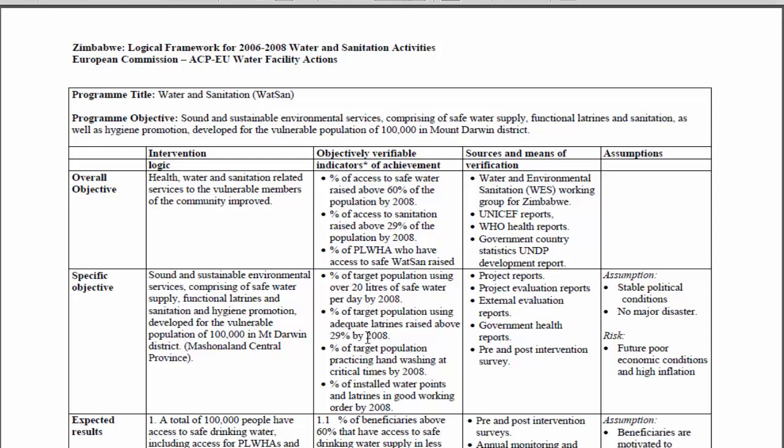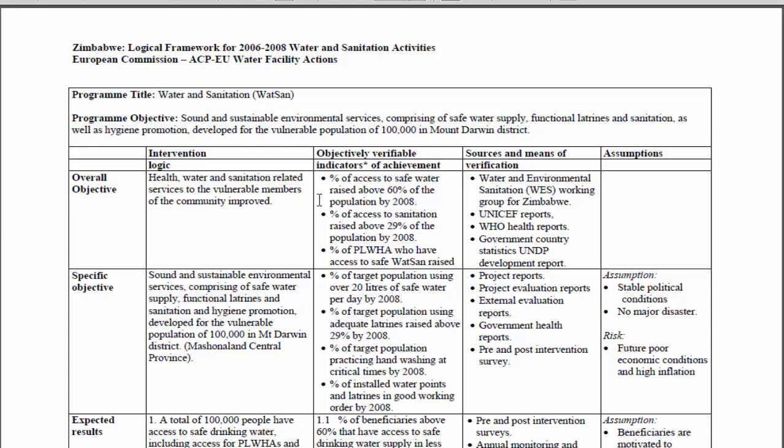Adequate latrines can mean different things to different people. But in your project document, it should be clearly defined what an adequate latrine is, so that when you go and interview these people, they'll tell you, no, I don't have an adequate latrine, or yes, I do. At the end of the day, you're going to aggregate that information and come up with conclusions.